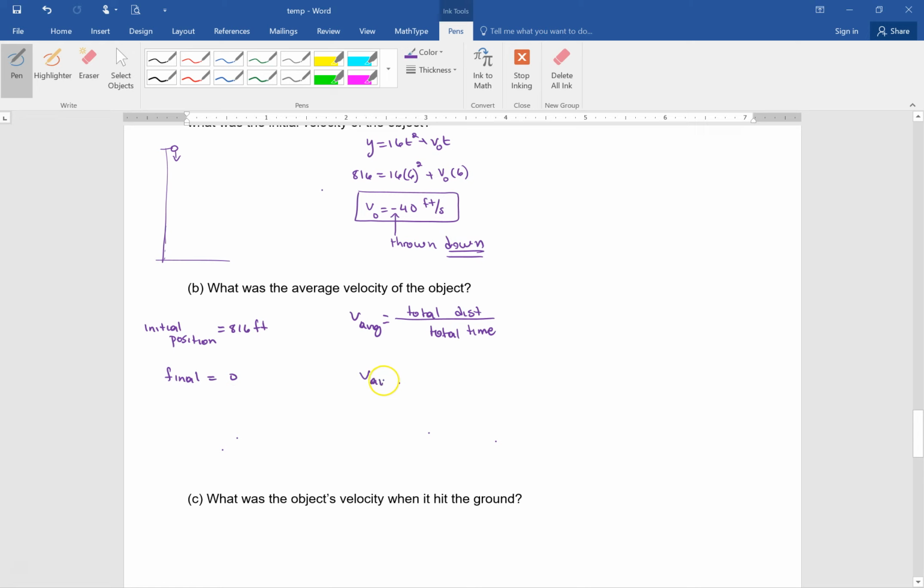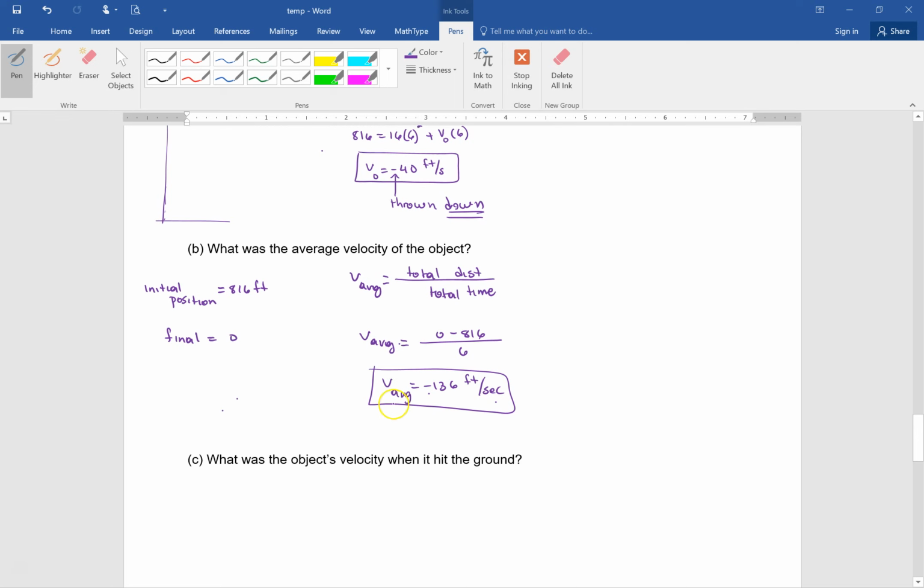So v average is 0 minus 816 over the 6 seconds, and that gives us negative 136 feet per second. All right? And it is negative because, again, it's moving downward.